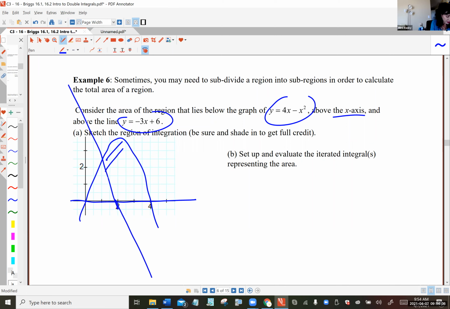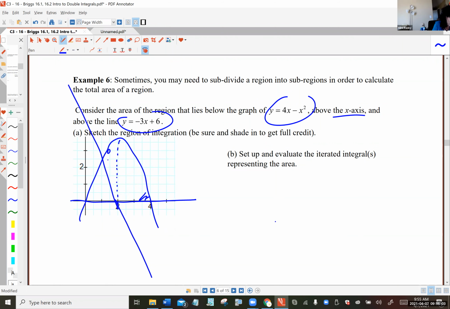So the region of integration here is going to be that thing that I just shaded. Okay. So the problem is, if you wanted to represent this area with an integral or double integrals, you're going to have to worry about the fact that one integral isn't going to cut it. Well, why not? Well, you're going to need to chop it up like right here. Well, how come?